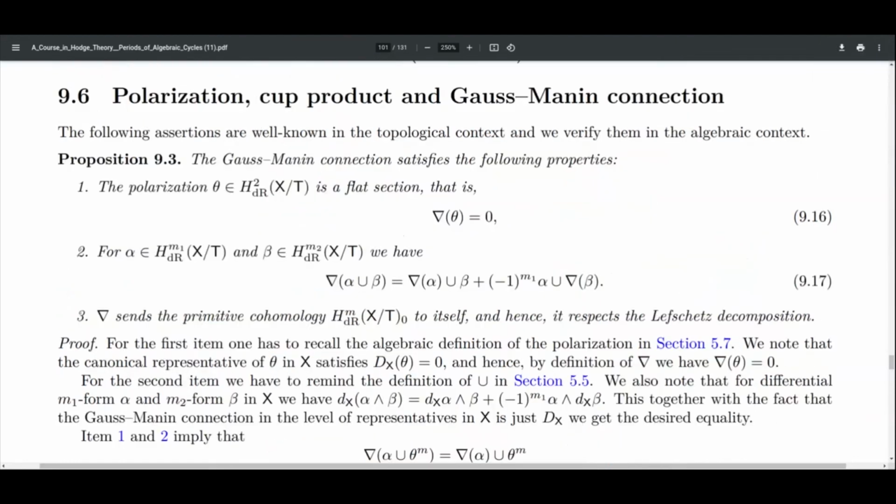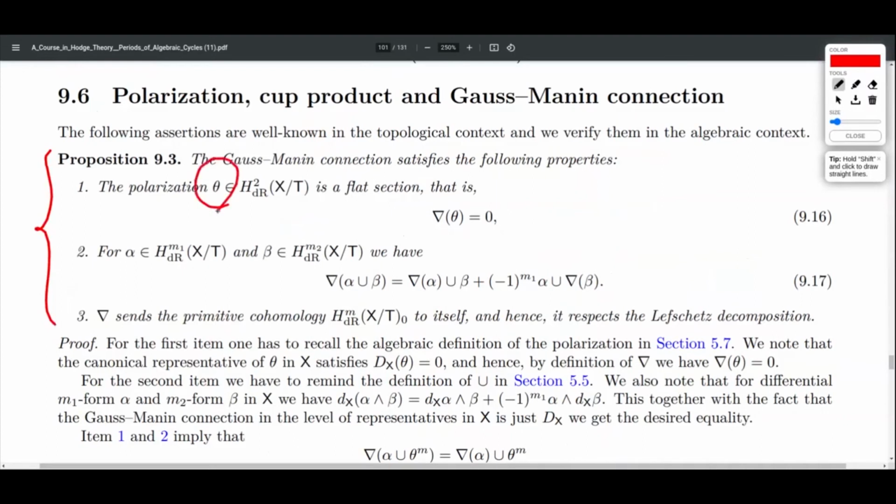A few other properties of the Gauss-Manin connection are gathered in this proposition. The polarization that we called theta is a flat section. This is natural and compatible with our knowledge of the topological Gauss-Manin connection, because remember that the polarization was the cohomology class of the hyperplane section, and this is in singular cohomology with integer coefficients.